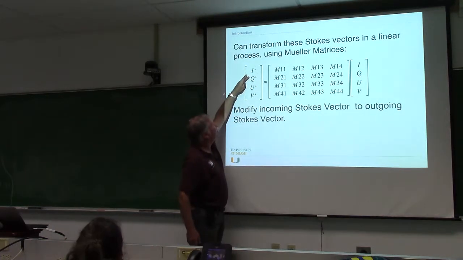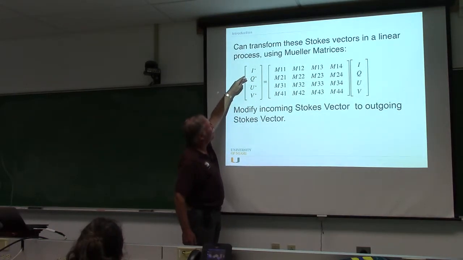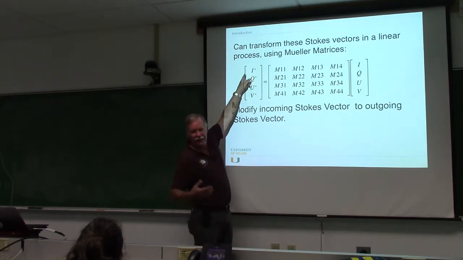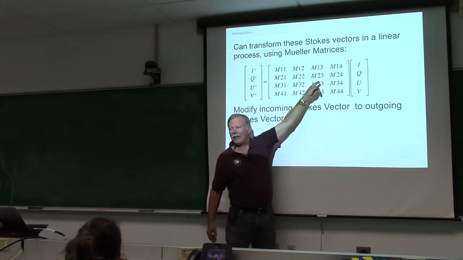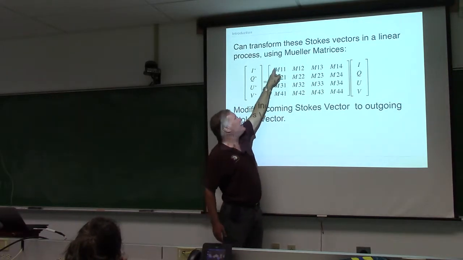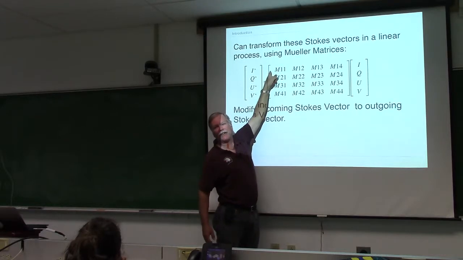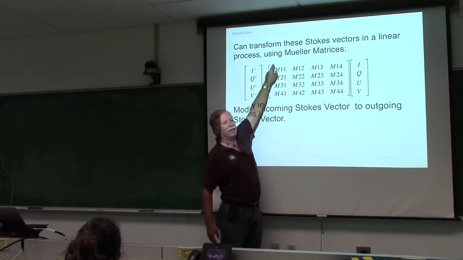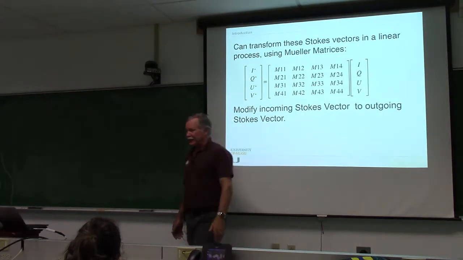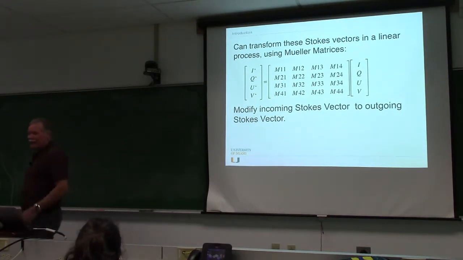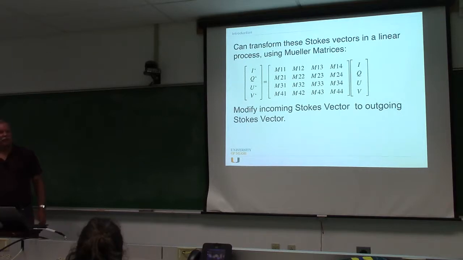Outgoing, you look at what's going to happen. The I component, the radiance or the intensity coming out, would be M11 times that element. So this is the scattering phase function that we've been talking about, this one element. But there's really 15 other elements, roughly, that are involved in scattering.